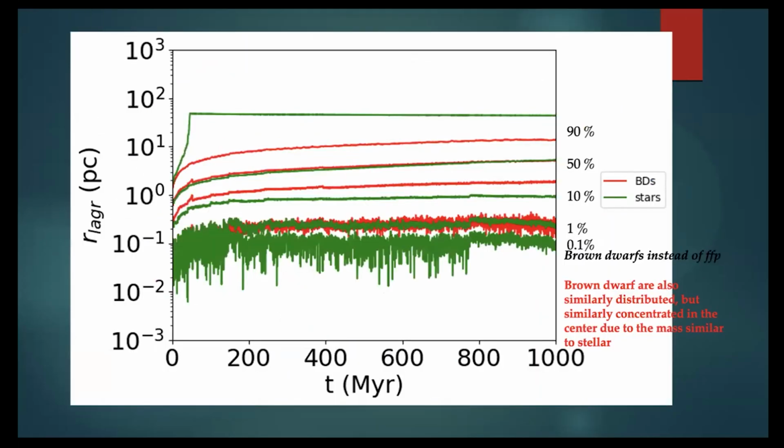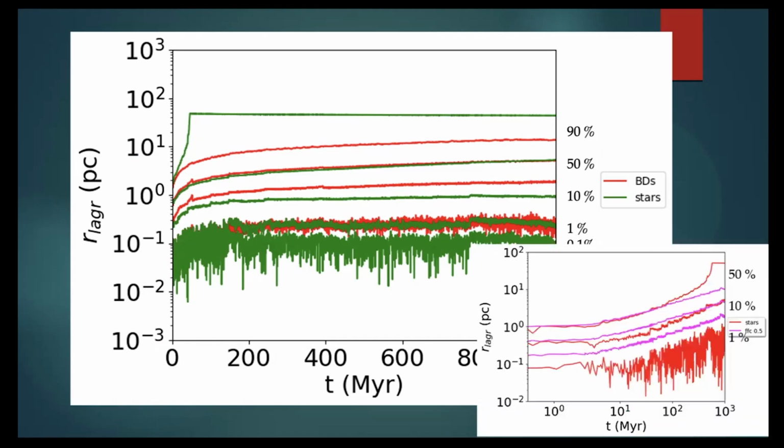The last result that I will show you is that brown dwarfs are basically like stars. They are dynamically evolving like stars. And we see that there is mixing in these regions. This is the same model with free-floating planets instead of brown dwarfs.